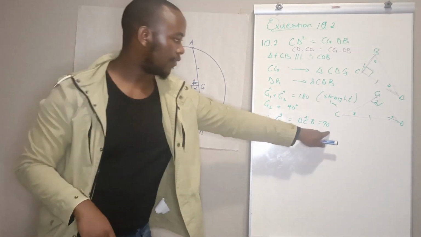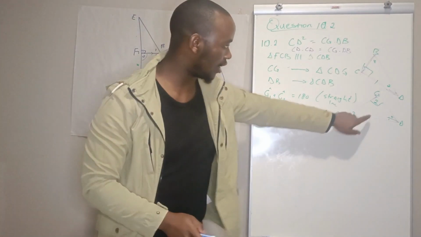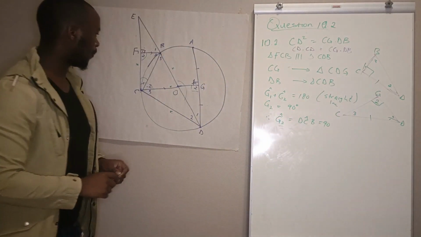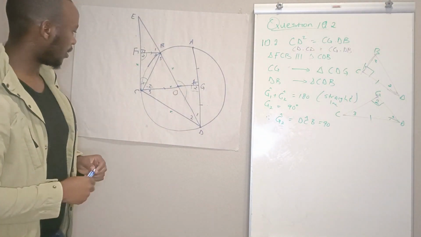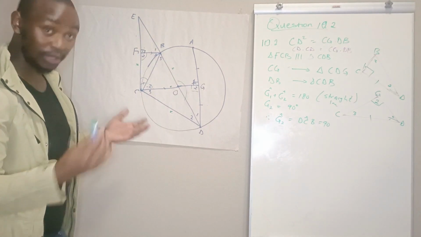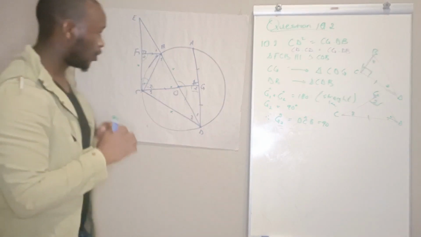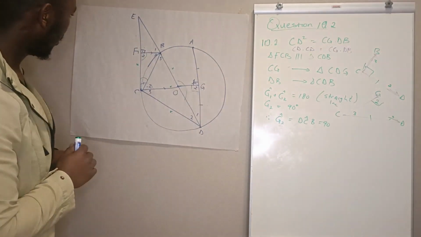So we've proven the first part. So in these two triangles, this angle and that one are equal. Okay. Another thing is we are not done. We've proven one angle. We need the last angle. So you look again. Okay.